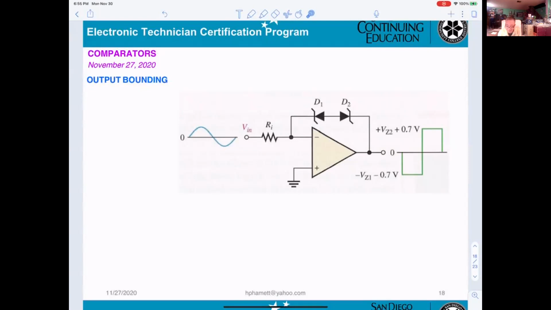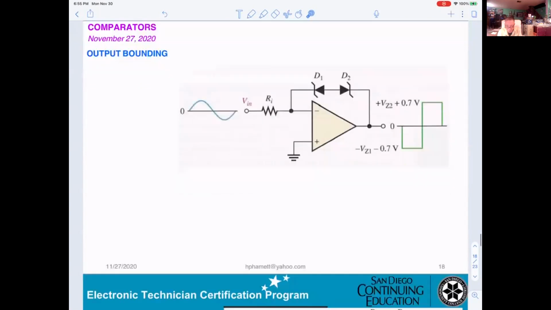So that's why you can see output, they swing between Zener diode 2 plus 0.7, and the second one will be Zener diode 1 minus 0.7. Exactly the same. They call it bounding. That means no matter what your input, the output will be limited by the Zener diode.